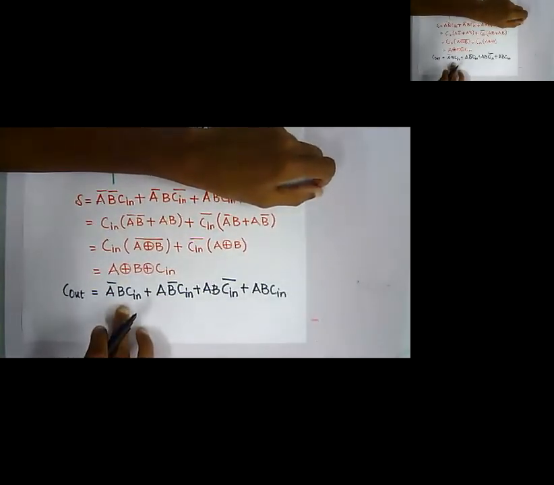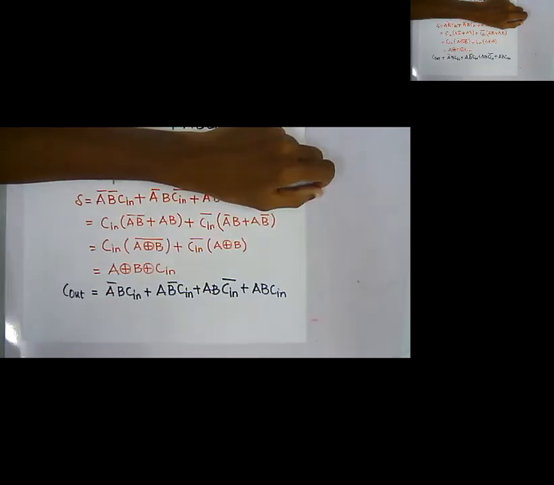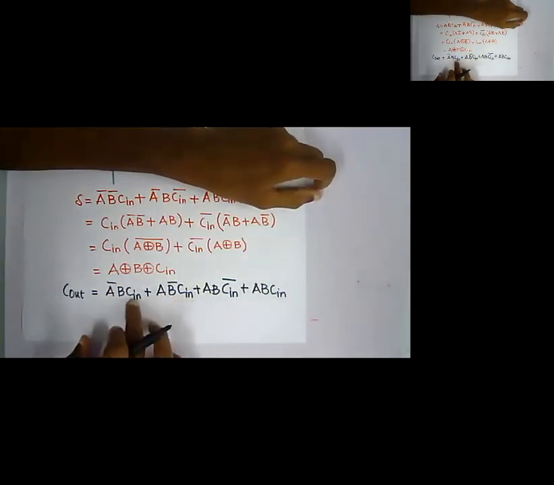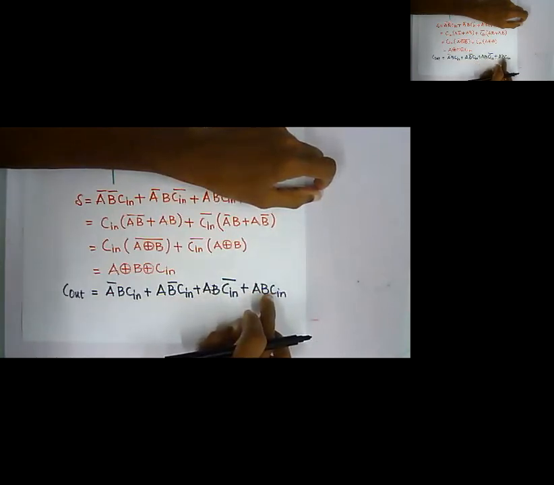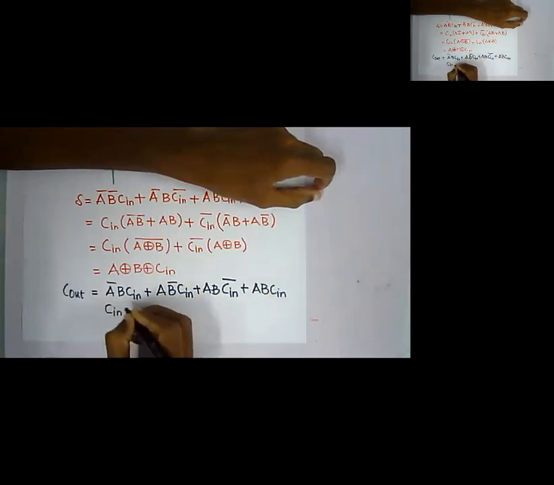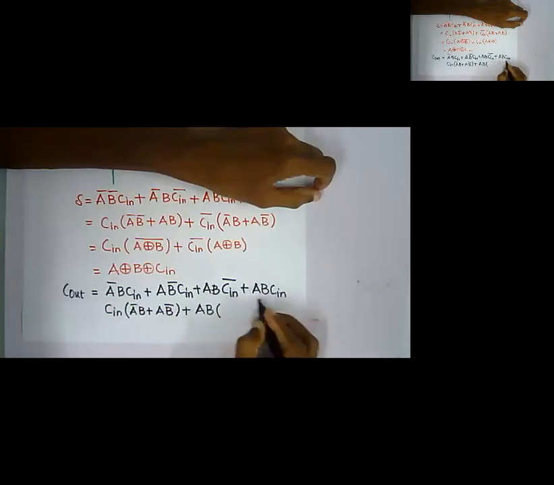Now what I can do here is take C in common from A bar B and A B bar, and take A B as common, which becomes C in plus C in bar.